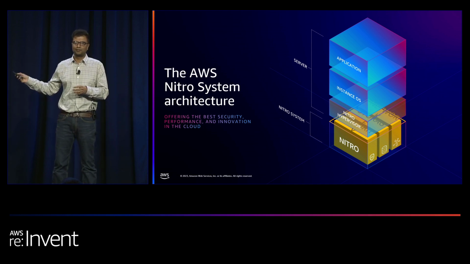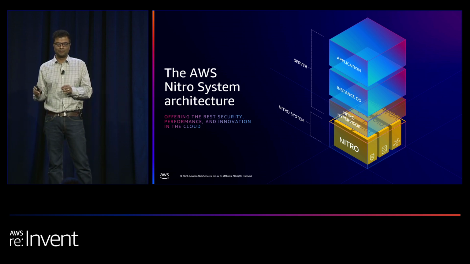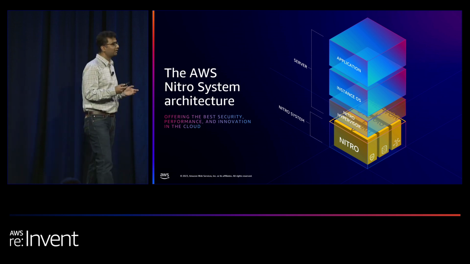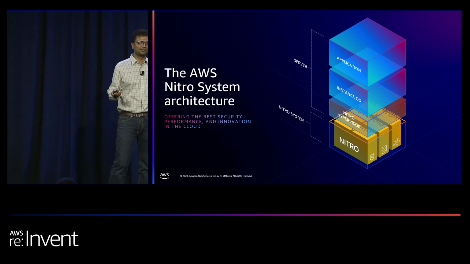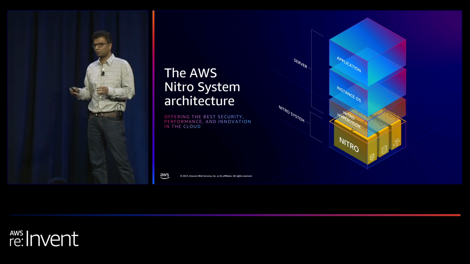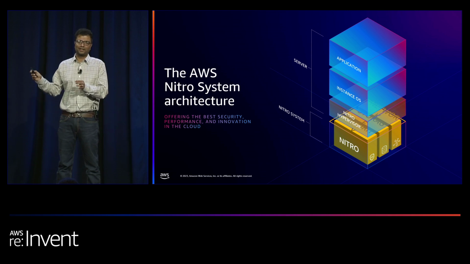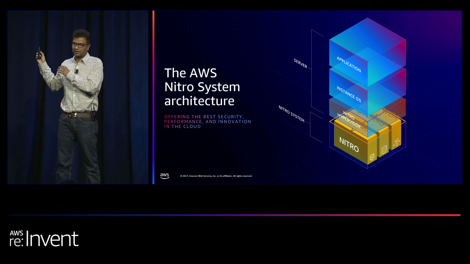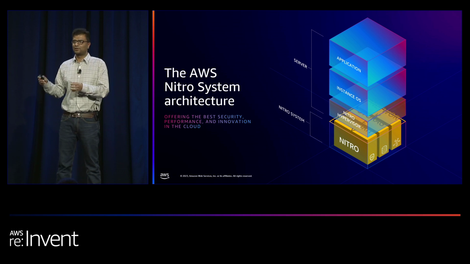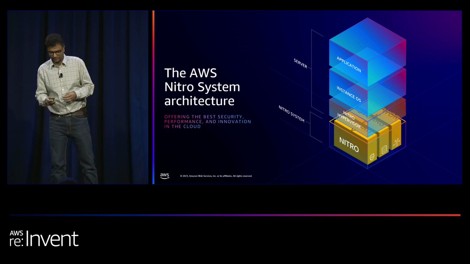And the bottom part is the Nitro System. It's dedicated hardware for security, storage, or networking functionalities. So when someone asks you what a Nitro System is, you can say that the Nitro System is a lightweight hypervisor and dedicated hardware which is used for security, storage, and many other functionalities.